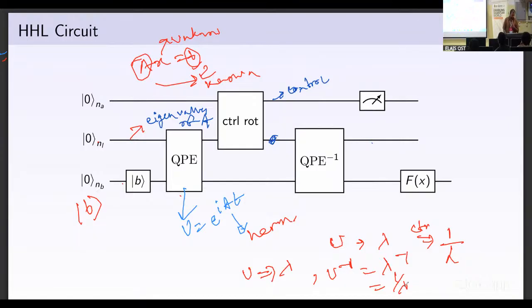So what we are trying to do essentially in HHL, so that we can invert the matrix A, is load the matrix A as a unitary, find its eigenvalues, invert the eigenvalues, then go back using QPE inverse. So from 1 by lambda, we go back and here we have A inverse.